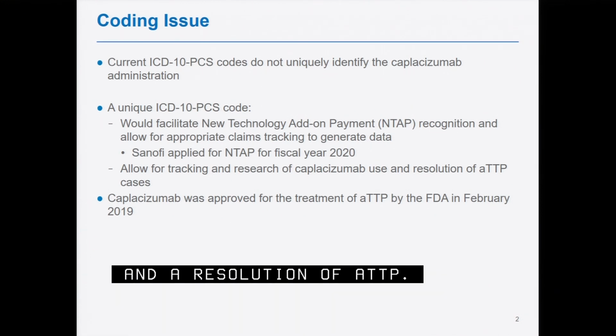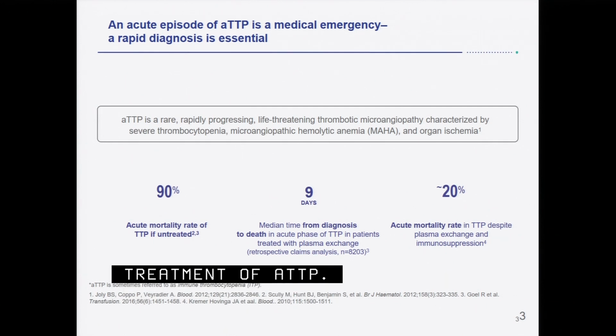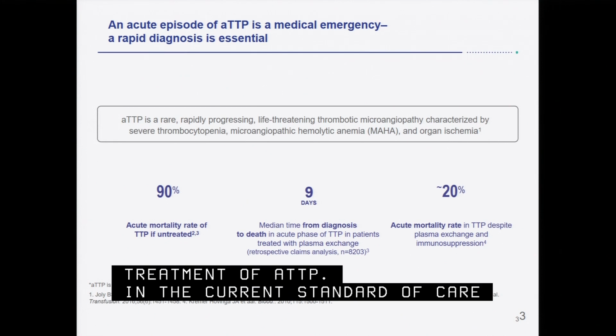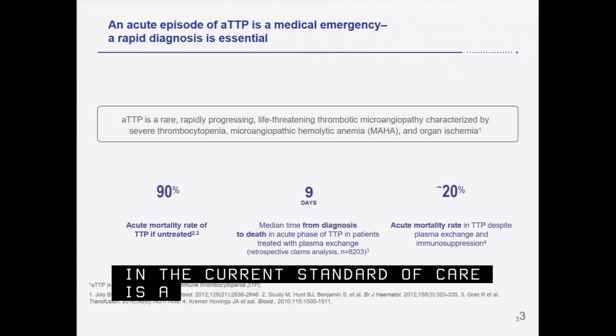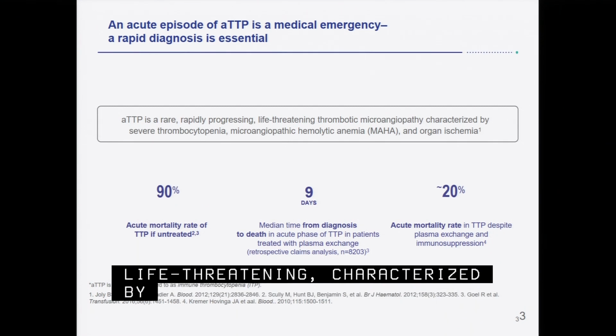As also previously stated, caplacizumab, or Cablivi, was approved for the treatment of TTP by the FDA on February 6th of 2019. TTP is a rare, rapidly progressing, life-threatening thrombotic microangiopathy characterized by severe thrombocytopenia, microangiopathic hemolytic anemia, or MAHA, and organ ischemia.